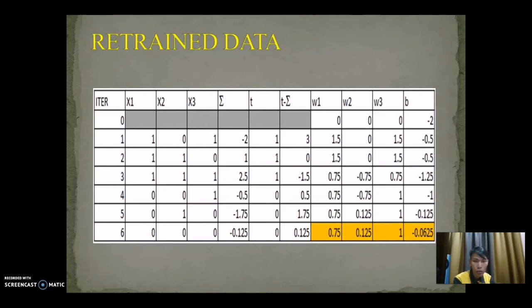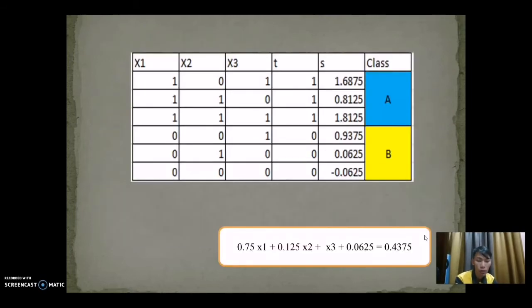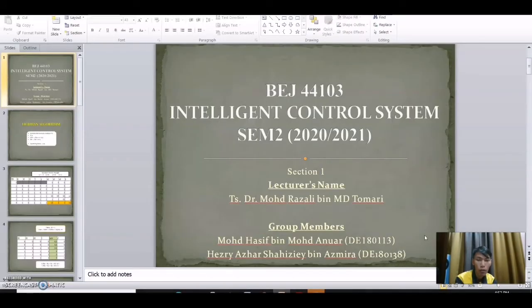So we just follow the fourth step to do the Adaline algorithm process. So for the W1, we will get 0.75, 0.125, 1, negative 0.0625.